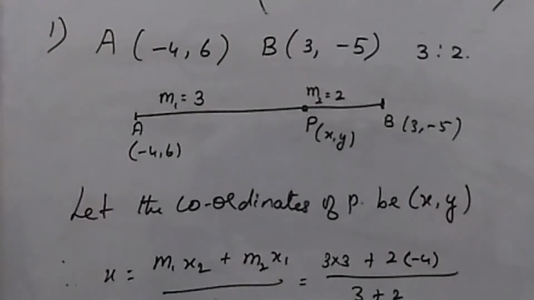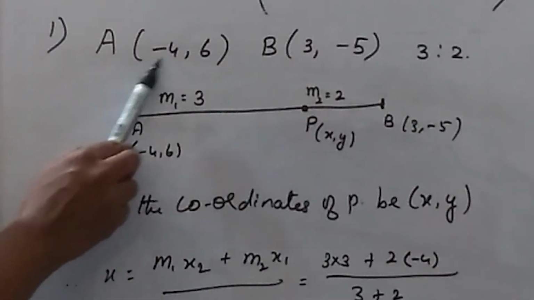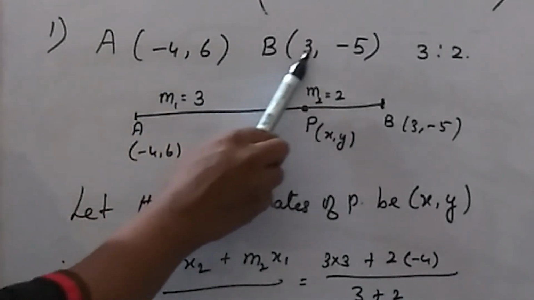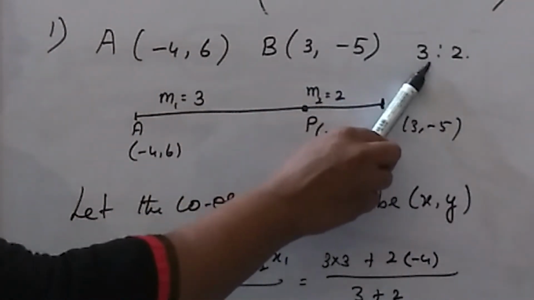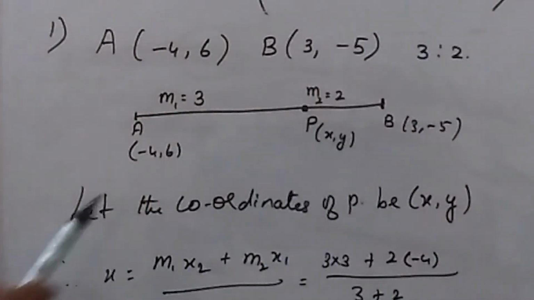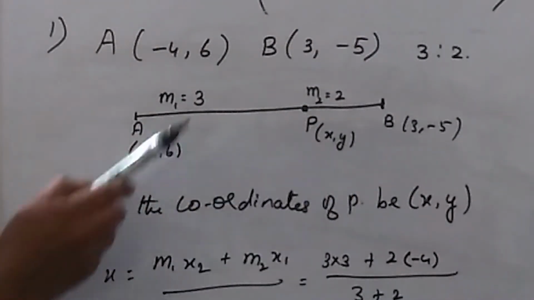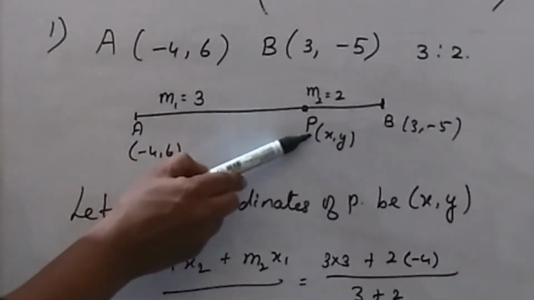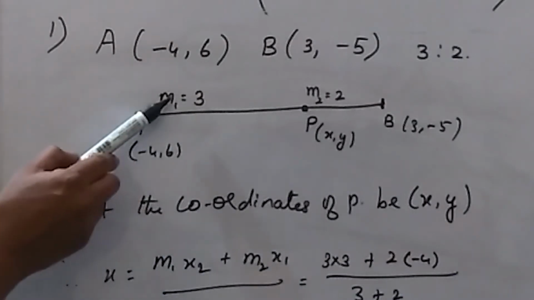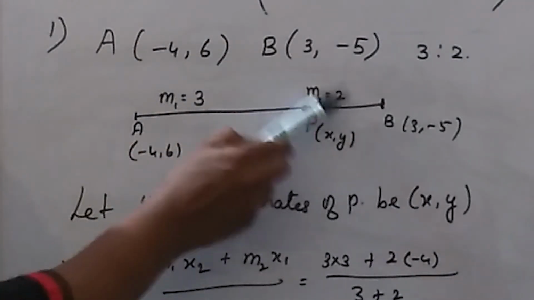What is given in the question? Find the coordinates of the point P which divides the line AB in the ratio 3:2. A is minus 4, 6 and B is 3 and minus 5, and the ratio is 3:2. So draw the line AB, P is a point, mark it X and Y, M1 is 3, M2 is 2.